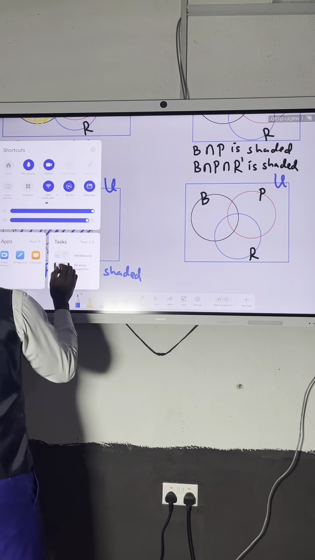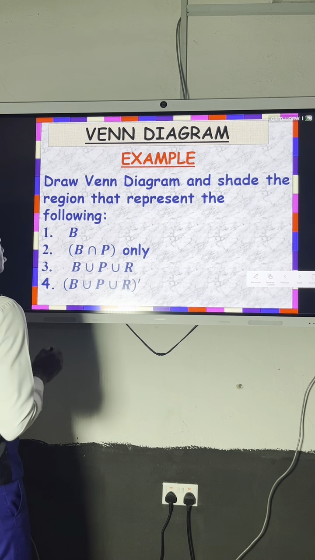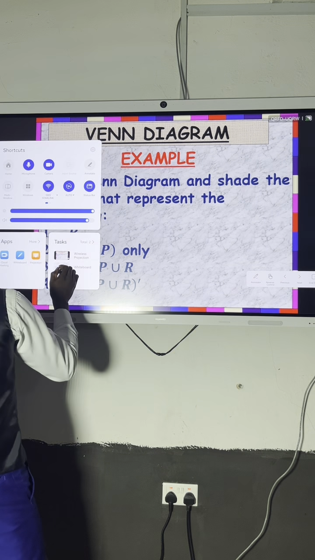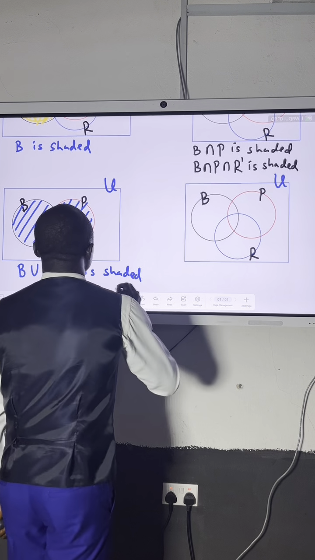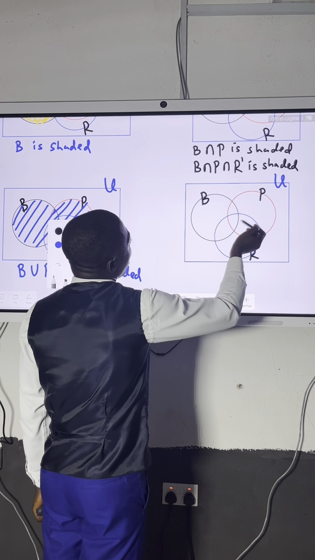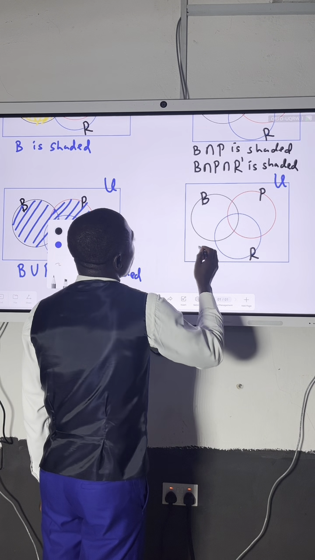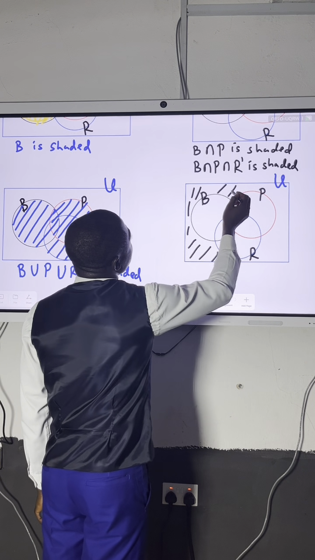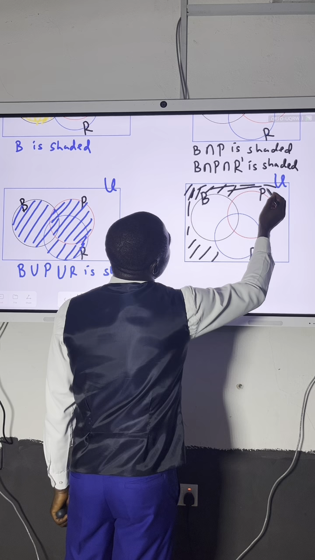The last part of the question says we should shade B union P union R, complement. It means shade outside of the circles without entering the places that concern B, P, and R. Sorry, outside of the circles but inside the rectangle.